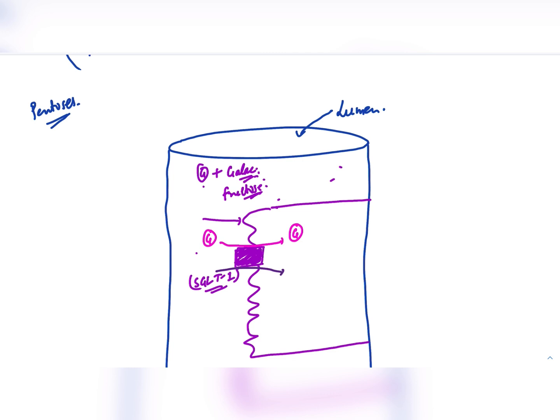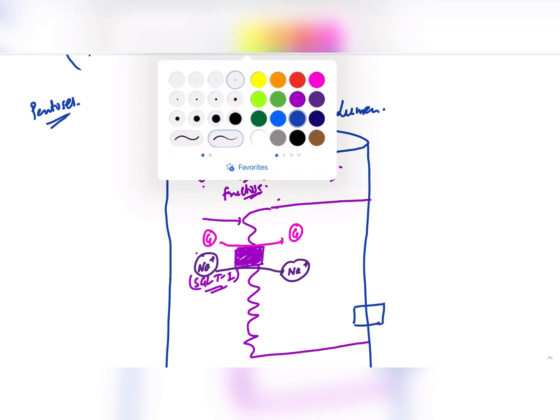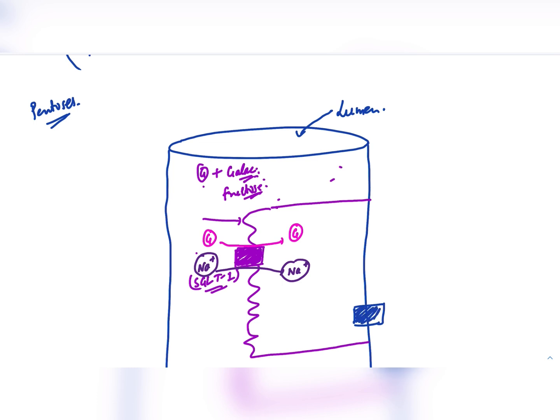Now this absorption of sodium is actually facilitated by a pump known as the sodium potassium ATPase pump, which is located in the basolateral side of the intestinal epithelial cell.